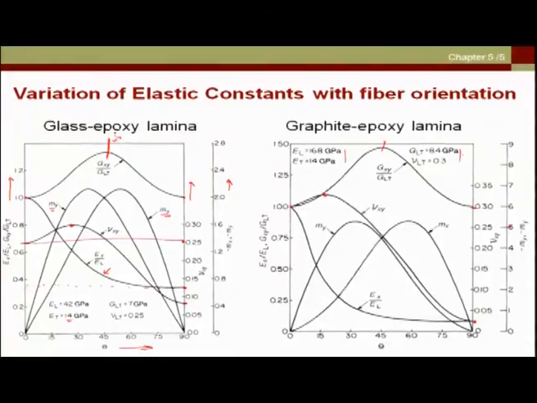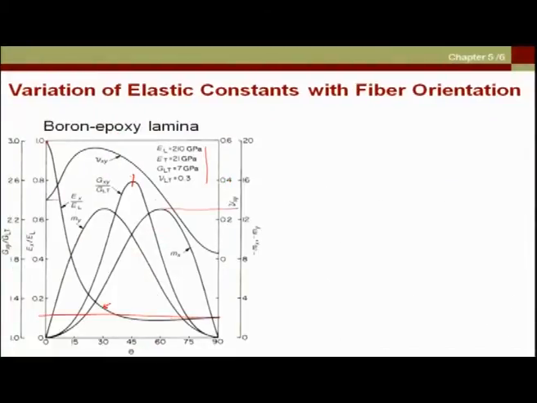And for boron epoxy, it starts from 0.3 at 0 degrees, and it actually rises very significantly, approaching something like 0.55 at around 25 degrees, and then from there it starts decreasing, and it becomes extremely small, about 0.03, somewhere in that range, when theta equals 90 degrees.